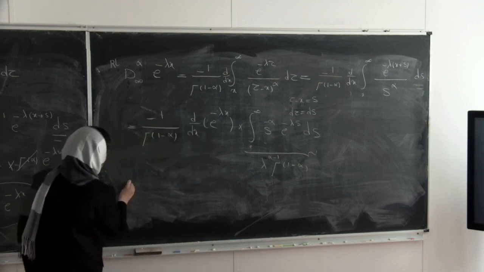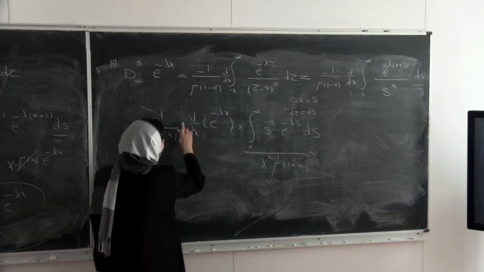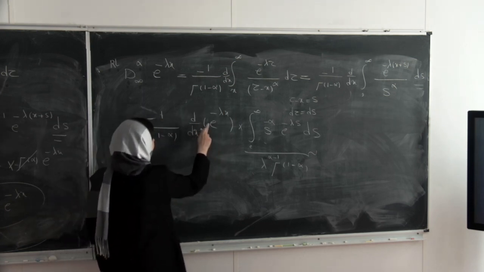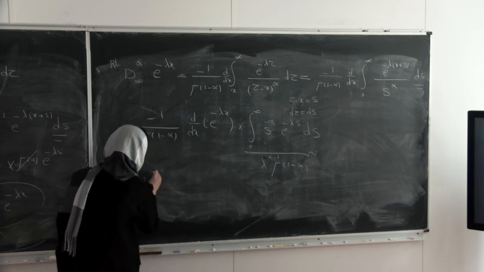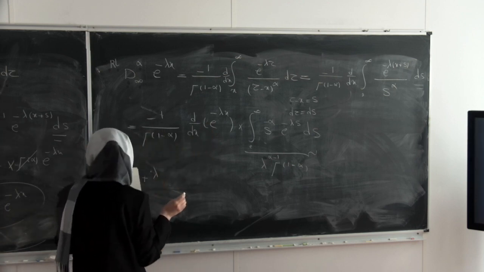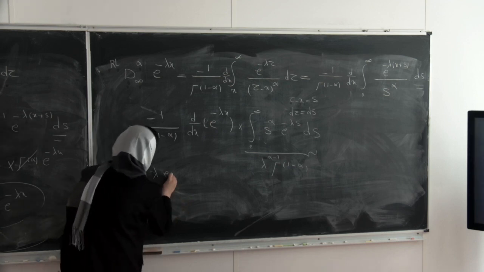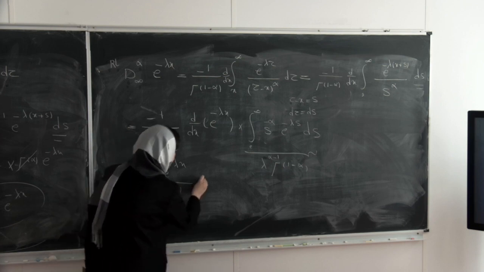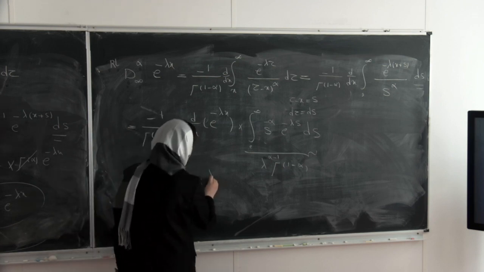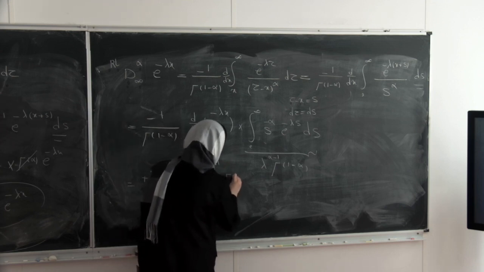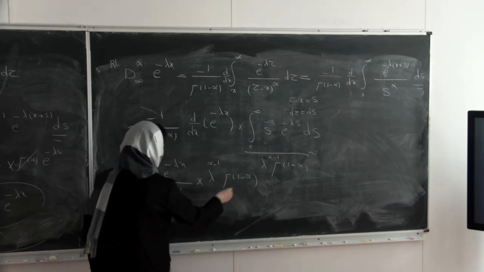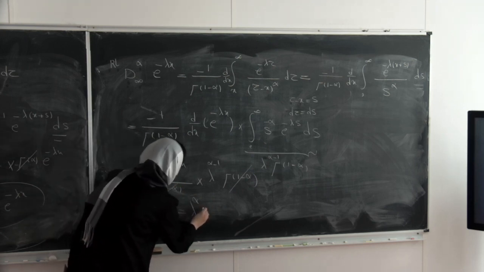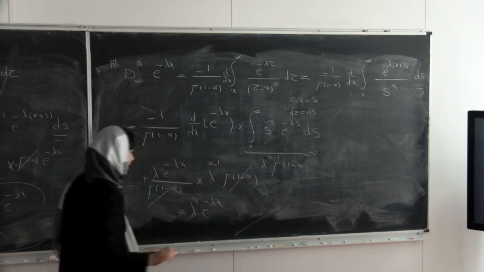And here we have minus the derivative of this function with respect to x, minus 1. Minus lambda, it will be lambda, yeah, e to the minus lambda x divided by gamma of 1 minus alpha, lambda to the alpha minus 1 gamma of 1 minus alpha, and we can omit this term, and here we have lambda to the alpha e to the minus lambda x.